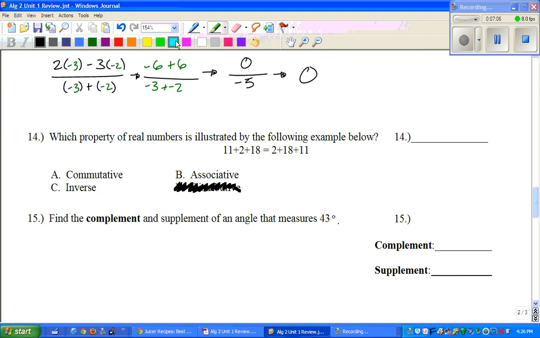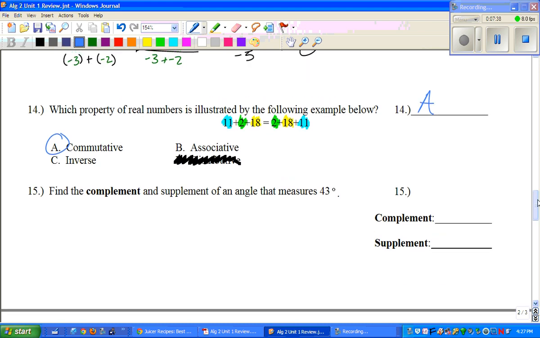Well, let's take a look. There's 11, it just kind of moved around. There's the 2 over there. There's the 18. All the numbers did was move around. When you move around, you are commuting, like when you commute to college. So this is showing the commutative property because all they did was move the numbers around.